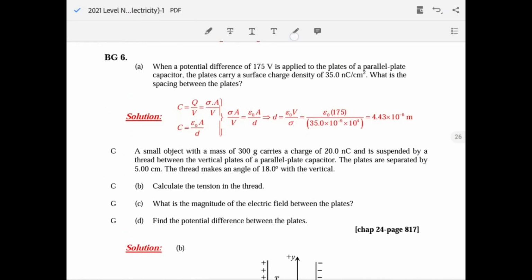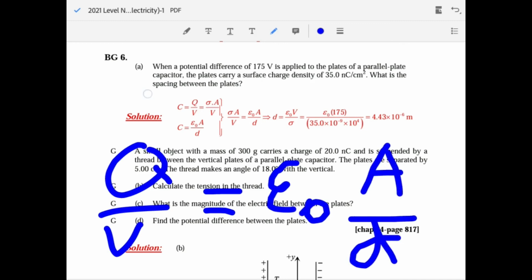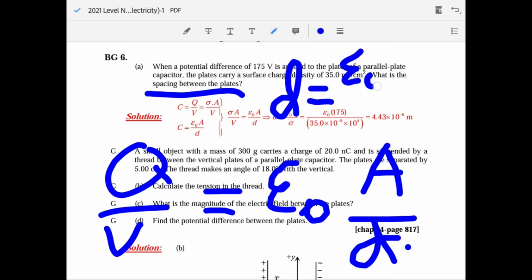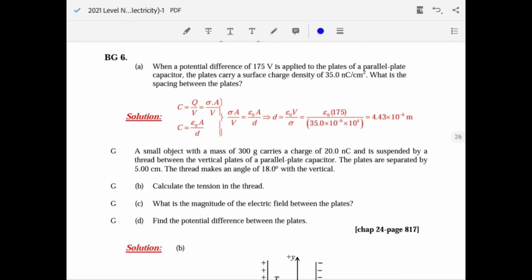When a potential difference 175, okay, so charge density is just Q over A. So now you can use the two formulas for capacitance, which is Q over V is equal to epsilon node A over D. So now they want spacing, they want D, so D is equal to epsilon node times voltage over area Q. Now Q over A is charge density, and since it's flipped, you have charge density in the denominator.